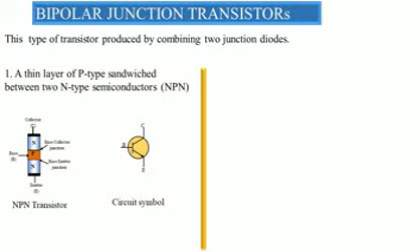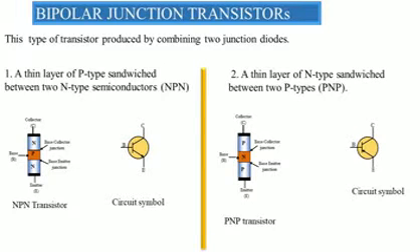The first can be a thin layer of a p-type sandwiched between two n-type semiconductors. That is the NPN junction transistor. Or a thin layer of n-type sandwiched between two p-types. That is the PNP bipolar junction transistor. The name bipolar simply means two polarities, a positive and a negative.